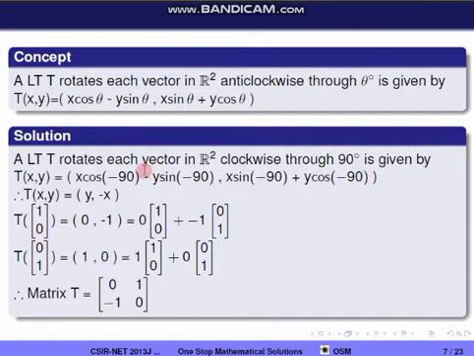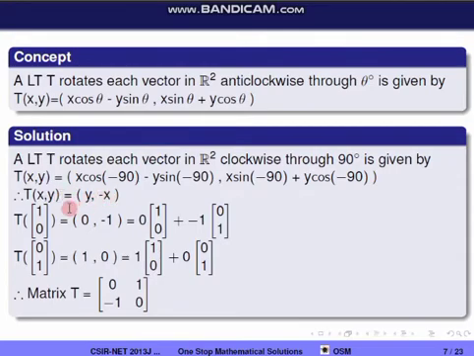We know that cos of minus theta is cos theta and sin of minus theta is minus sin theta. So when we apply this, we'll get (x cos 90 plus y sin 90, minus x sin 90 plus y cos 90). We know the value of cos 90 is 0 and sin 90 is 1. Substitute that. So we'll get T of (x, y) is equal to (y, minus x).